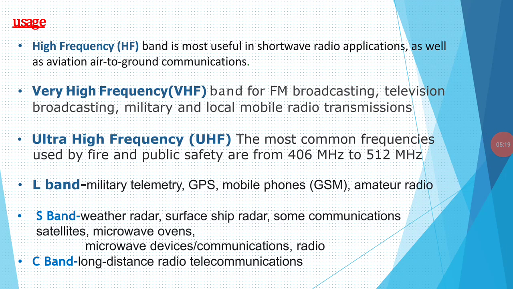L band is used for military telemetry, GPS, mobile phones, amateur radios, and the S band is used for weather radar, surface ship radar, some communication satellites, microwave ovens, microwave devices or communications, radio devices, etc. And the C band is used for long distance radio telecommunications.